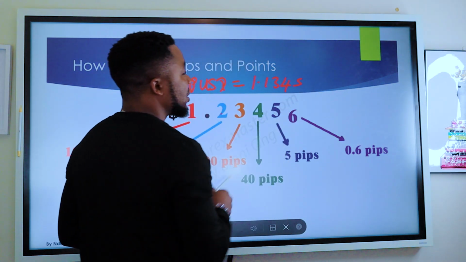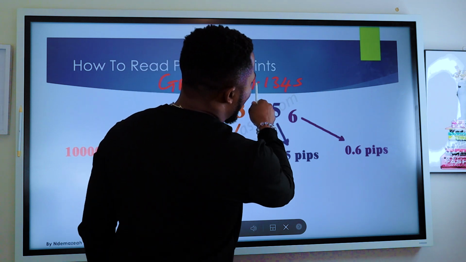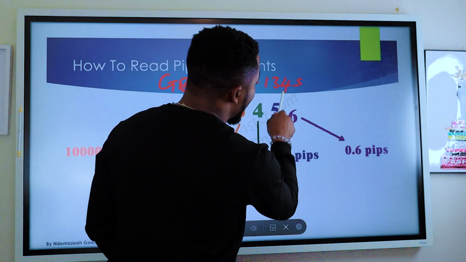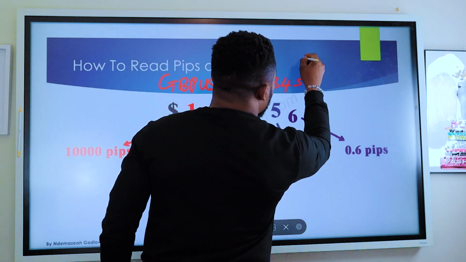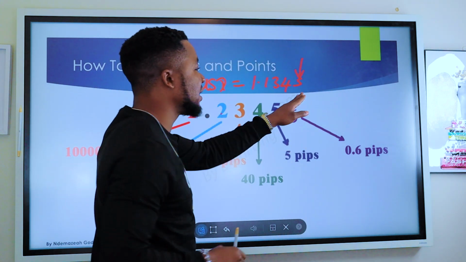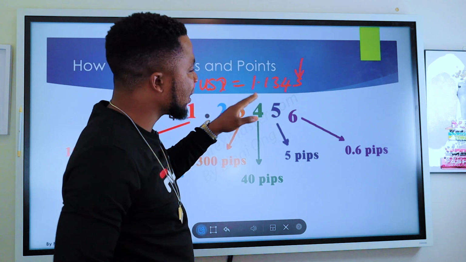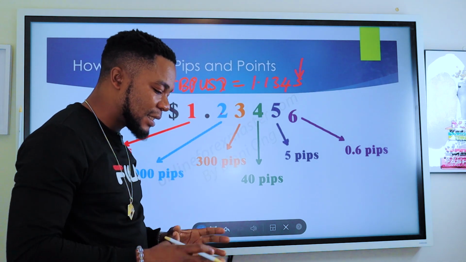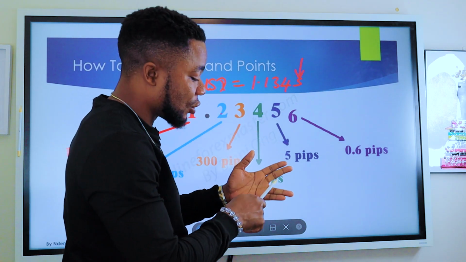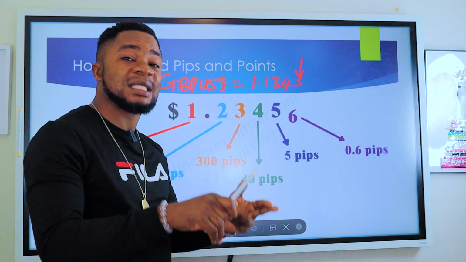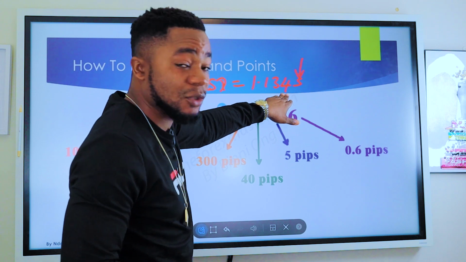How many decimals do we have after this one? We have 4 decimal places. Since we have 4 decimal places, the last digit here becomes the pip. That standard applies to currency pairs with 2 decimal places and 4 decimal places, which follow this same structure.